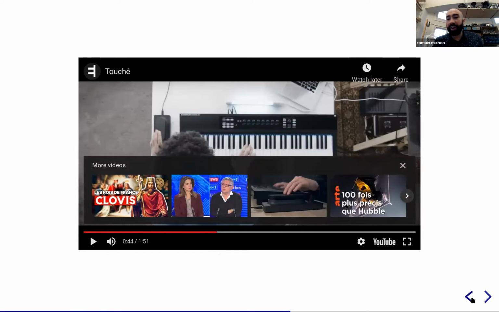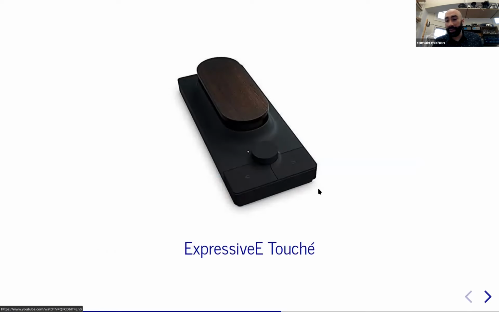So it's a very simple idea made by French hipsters, as you probably just saw. Basically it's based on the same technology as the Onde Martenot that I talked about earlier. It's just a key suspended with rubber bands, and you get X, Y, and also Z if you press on it.